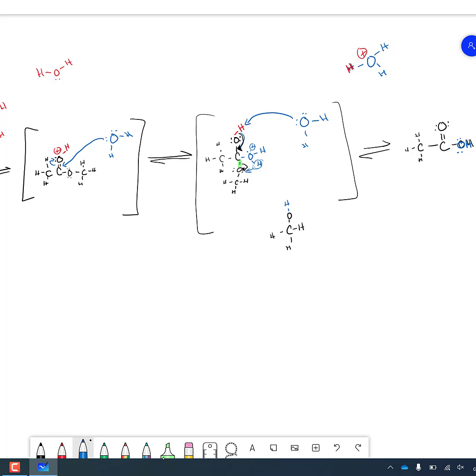And then methanol had been kicked off. So I've got a carboxylic acid. I've got ethanoic acid and methanol as my products.